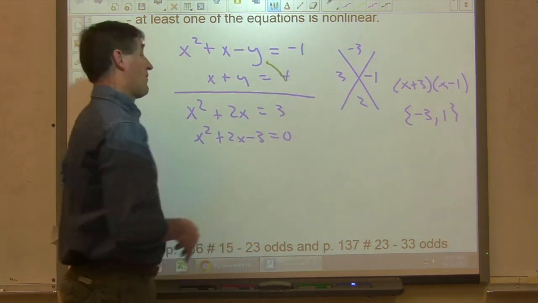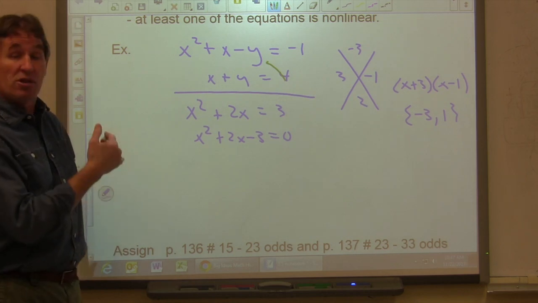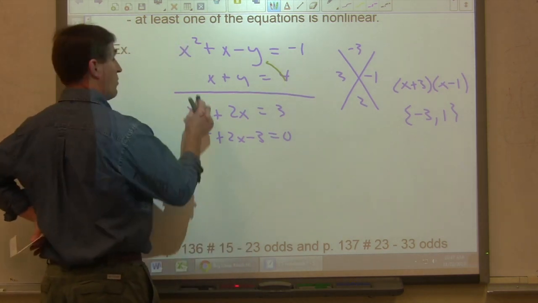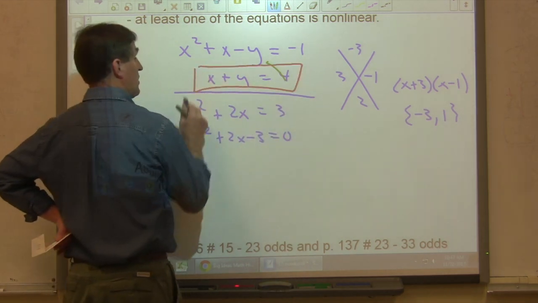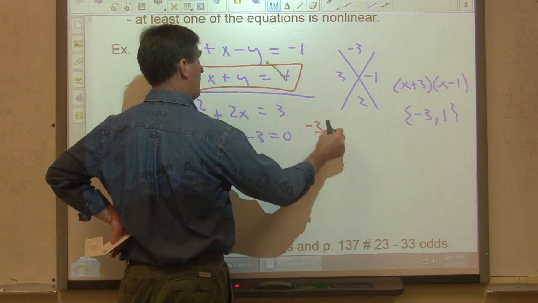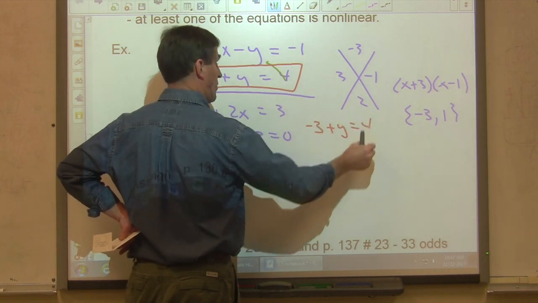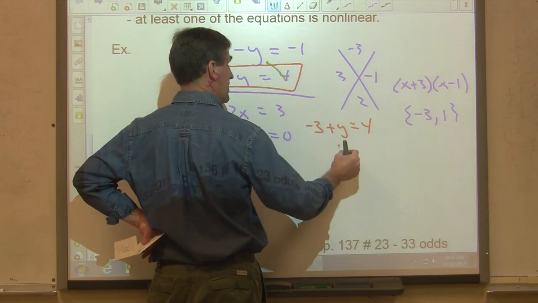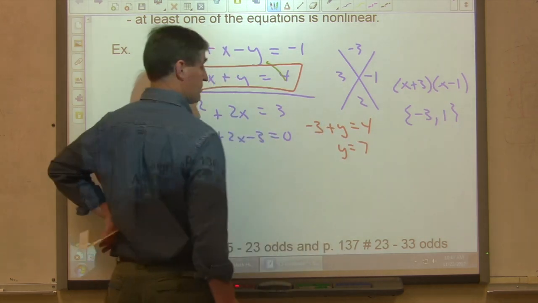So we got the same thing for x both ways, but now we have to also solve for y. You can do it in either equation, but I'm going to go ahead and check it in this one. So I'm going to plug in -3 for x. So -3 plus y equals 4. And then we're going to add 3, so y equals 7.